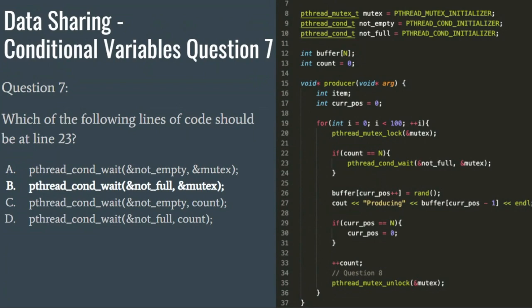When the consumer sends a not full signal, that means producer can wake up again and do its stuff. The mutex is most likely just to keep track of which mutex it's using. Again, you don't really need to worry about why it's there for this. It's more of syntax. You do need to worry about why not full is there, but you don't really need to worry about why mutex is being used.